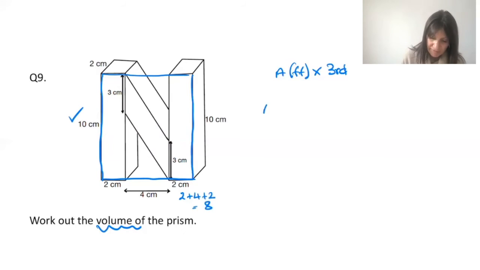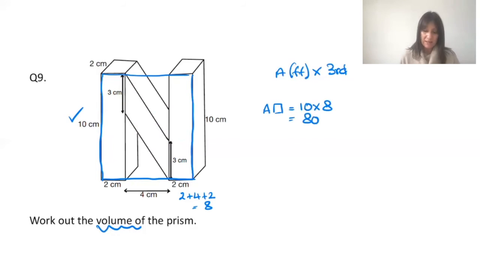So the area of that rectangle is 10 times 8, which is 80. But obviously that's too big because it's included two sections, a section here and another one here that isn't actually part of the front face. So if I can work out those areas and take it off, it's going to do the job for me.